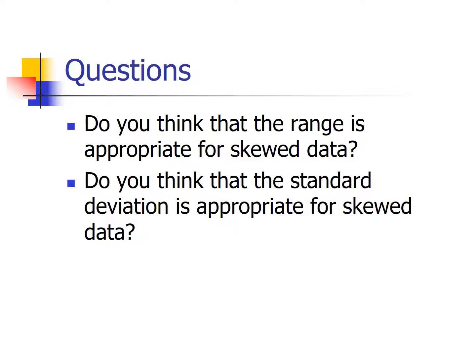The fact that the mean was not resistant meant that it was unduly influenced, and we saw this in an example. It's unduly influenced by even a handful of extremely large or extremely small observations. We saw the median was resistant. It was not unduly influenced by these.